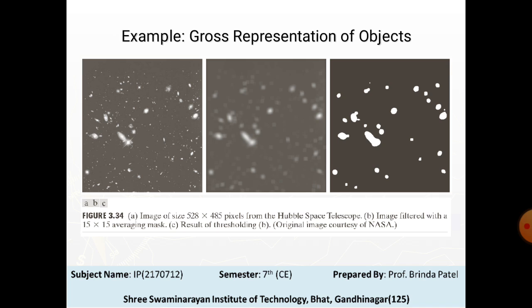The result of using the thresholding function on figure B with a threshold value equal to 25% of the highest intensity in the blurred image is shown in figure C. So comparing this result with the original image, we can see that it is a reasonable representation of what we would consider to be the largest, brightest objects in that image.